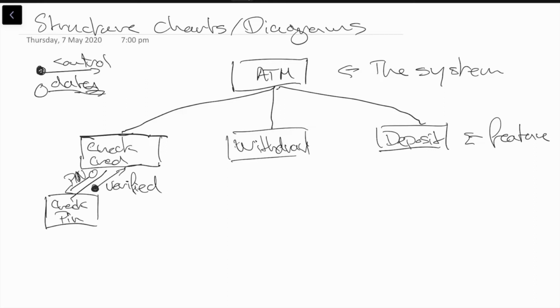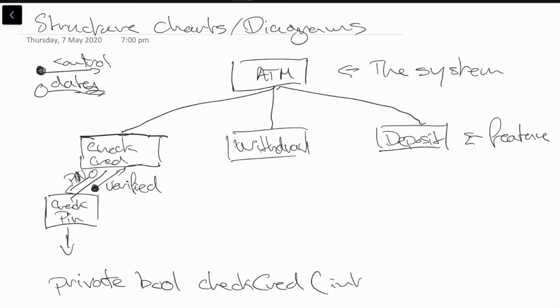So this changes how the software operates. Now, the interesting thing to note about how a structure diagram works is this is representing code. So we could think of this one here, the check credentials, would be a private Boolean. It's going to return a Boolean. The name will be check credentials. And we would pass as an integer the pin. So that's now a variable.